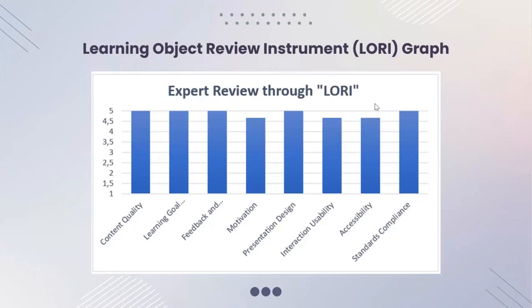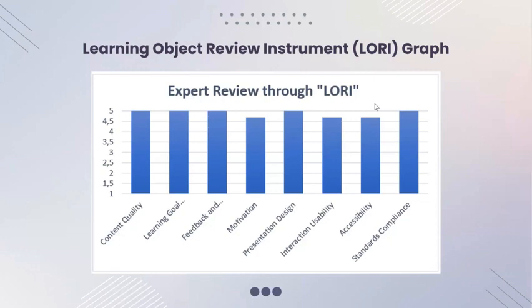It starts from the content quality, which is 5, and then the learning goal alignment, including the activities, assessment, and learner characteristic, is a 5. And for the feedback and adaptation, it is also 5.